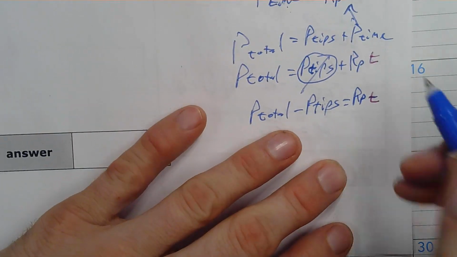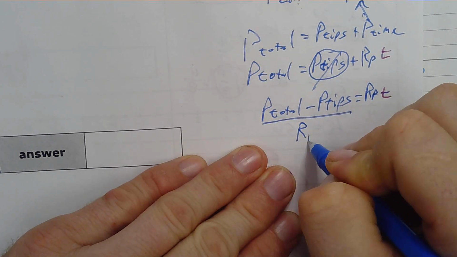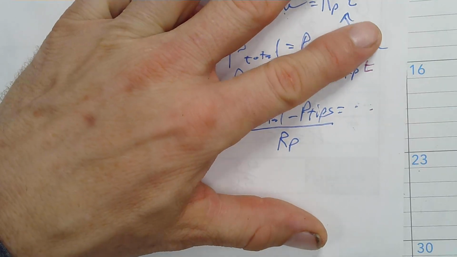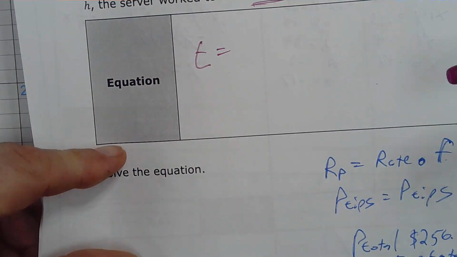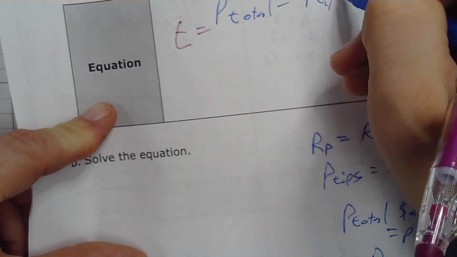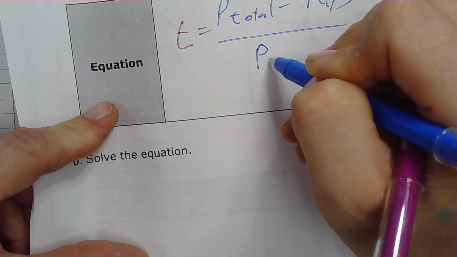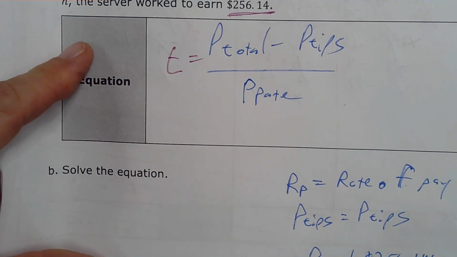Now I need to divide both sides by pay rate, and now I have my time equals that. So I'm going to transpose that up here. Time equals my pay total minus my pay from tips divided by my pay rate. And when you throw in your units, it should make sense.